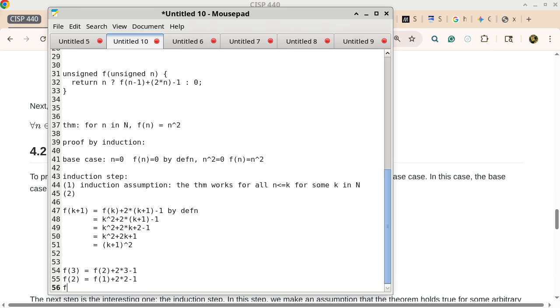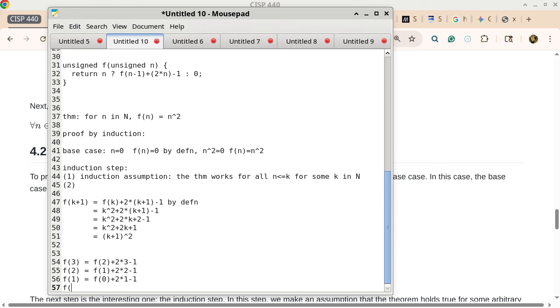And then f of 1 is f of 0 plus 2 times 1 minus 1. And then f of 0 is finally just 0 by definition. So now we go backwards. We replace this with a 0, and then we do this calculation. 0 plus 2 minus 1 is just 1. Right?